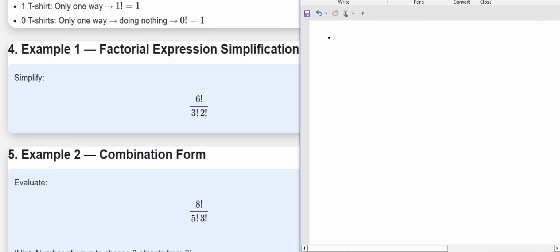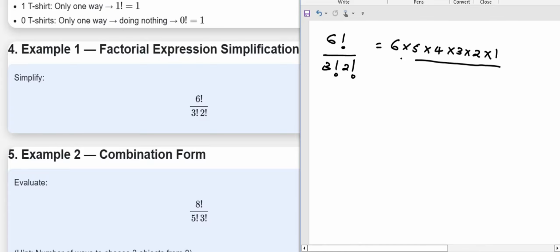Can we try an example: 6 factorial divided by 3 factorial, then 2 factorial. This simply means 6 by 5 by 4 by 3 by 2 by 1, divided by 3 factorial, which is 3 by 2 by 1, multiplied by 2 factorial, which is 2 by 1.